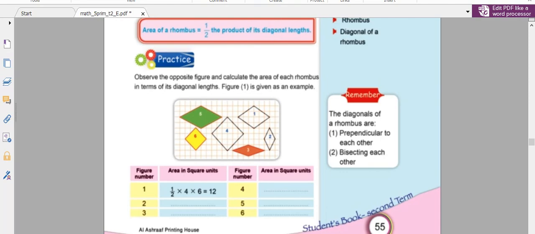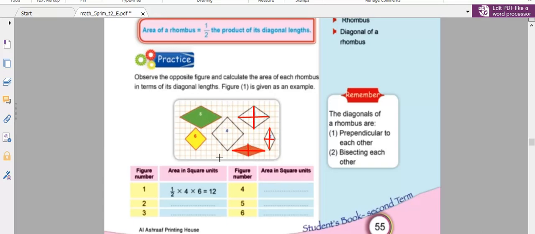But first, bring your ruler also to know the length, or without a ruler we will use the units. In this case, we will mark the two diagonals of each rhombus. We use the ruler to mark the two diagonals of each figure.